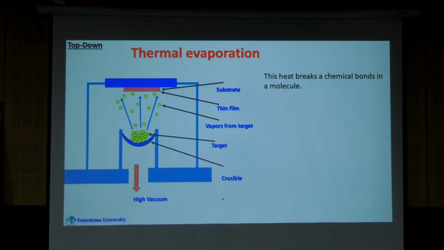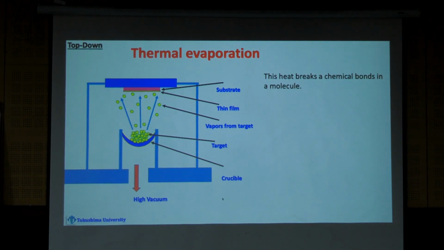Any material, metal or sometimes even alloy, you just put it here in the boat, or crucible. Sometimes this is ceramic and this is the target material. For example, you put aluminum or gold or silver here in the crucible.